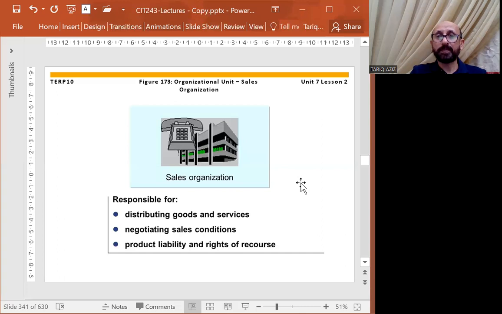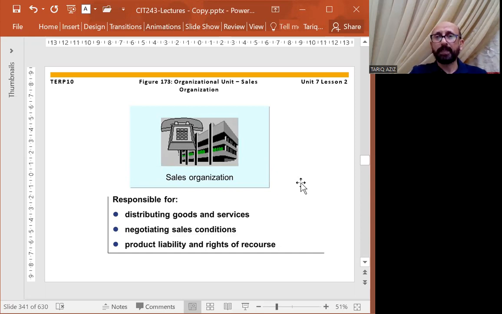And if the customer has some problem in the product, they want to return it, again, the sales organization will be responsible for that. When we say services, consulting services, even for consulting services we have to create a sales order because we are selling our services.